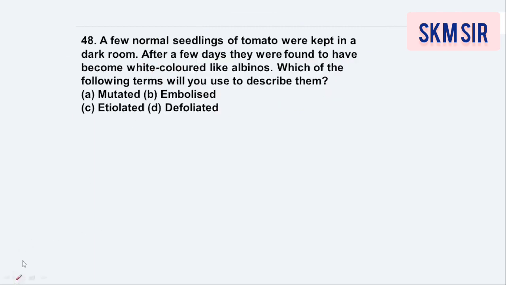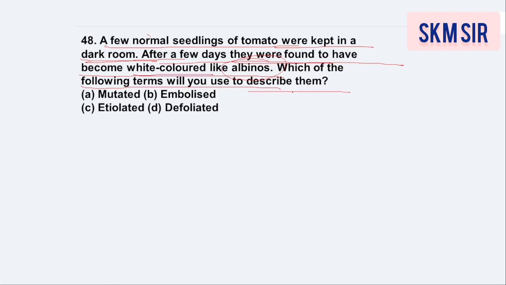Next question, 48th. A few normal seedlings of tomato were kept in a dark room. After a few days, they were found to have become white colored like albinos. Which of the following terms is used to describe them? I have discussed this type of MCQ indirectly, not directly, in the last set.